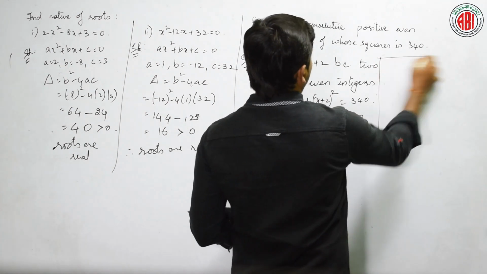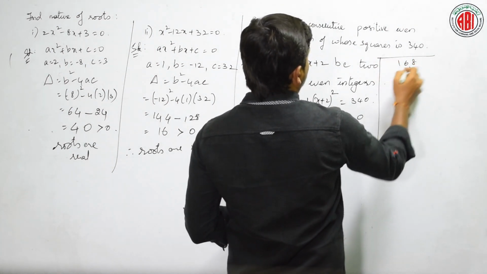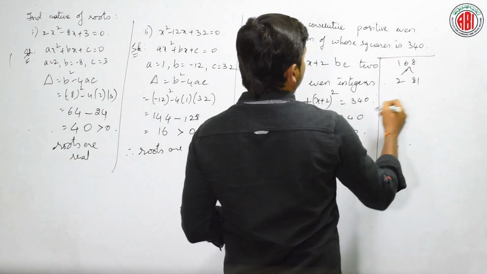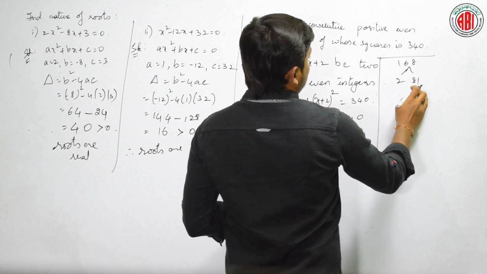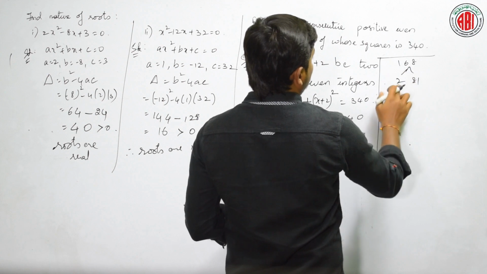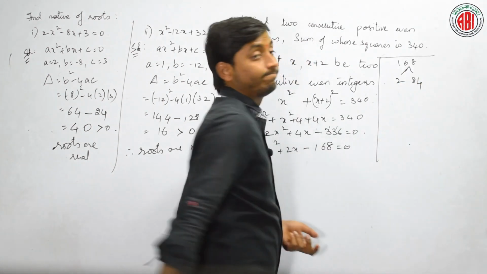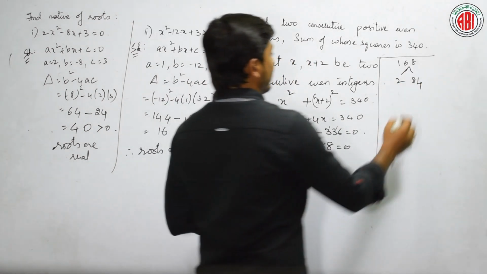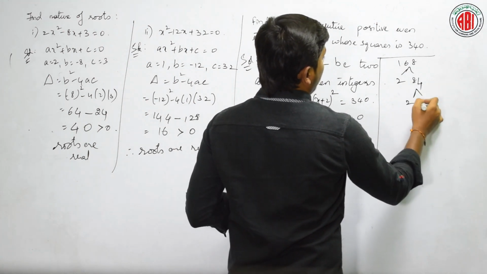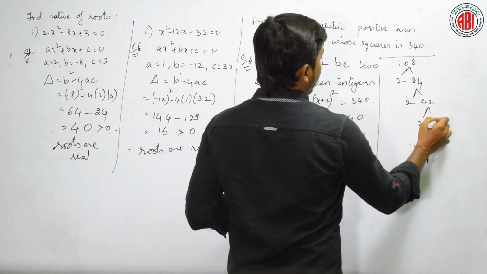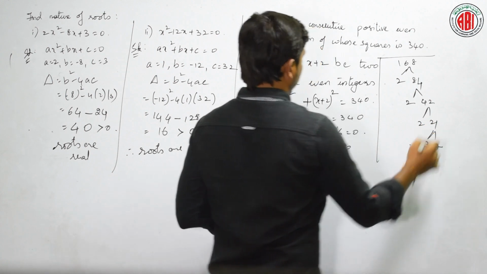Just tell me. 168 ka factors, 2 into 84, yes, 2 8s are and 2 4s are. Okay. And the next divide this we get 2 into 42, 2 into 21, 3 into 7.